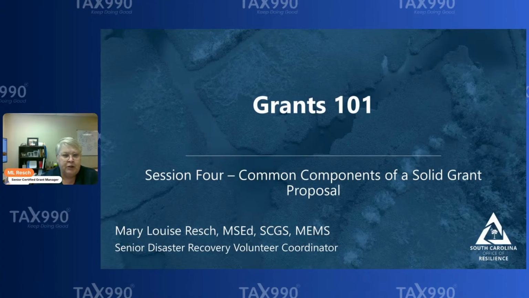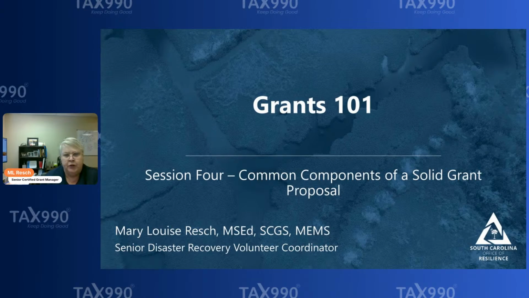All right, guys, welcome back. Last time we talked about data resources, and we talked about who has grants, but now it's time to talk about where the rubber meets the road. We're going to actually talk about what typical components go into a solid grant proposal.